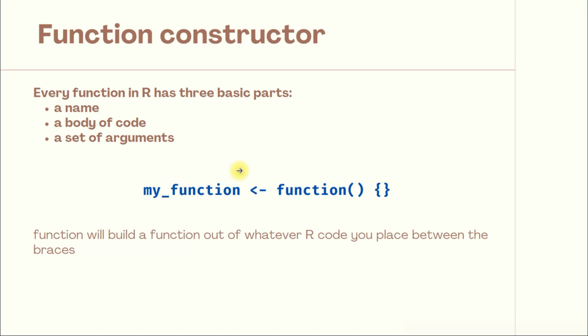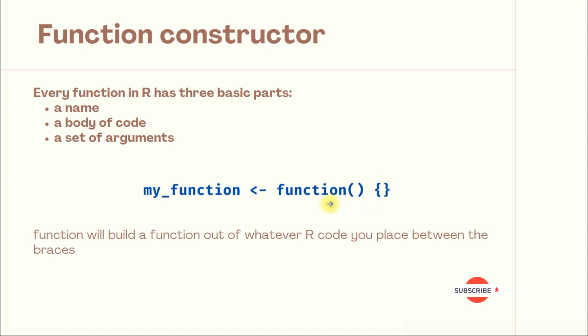Now to create the function, we need to write the name of the function, for example my function, followed by the function construct, and followed by a pair of braces. The function construct will build a function out of whatever R code we place between the braces.